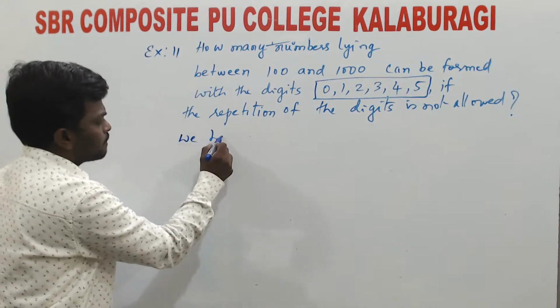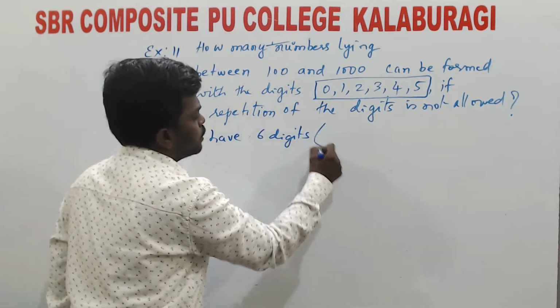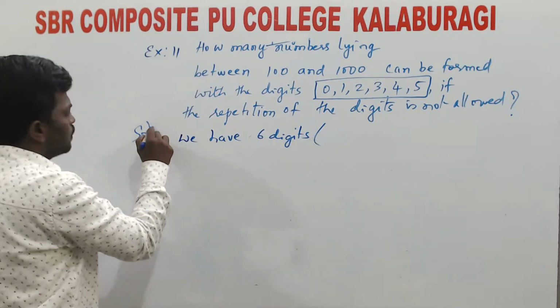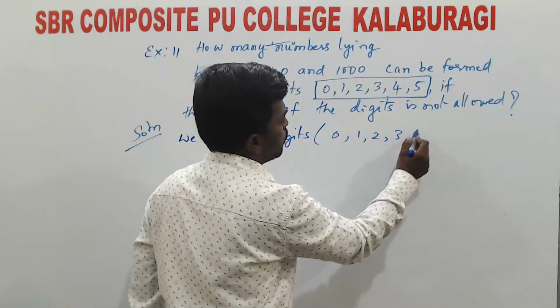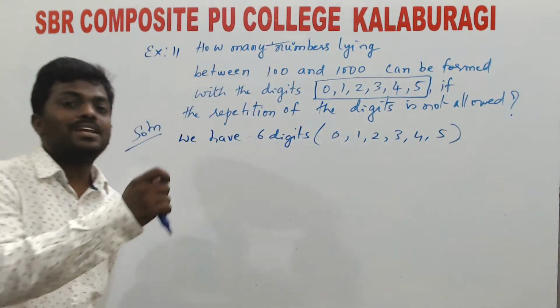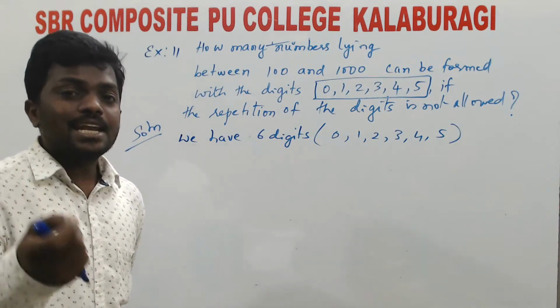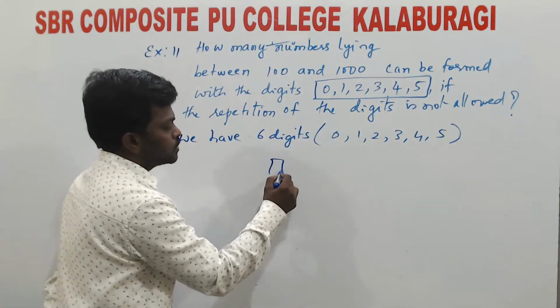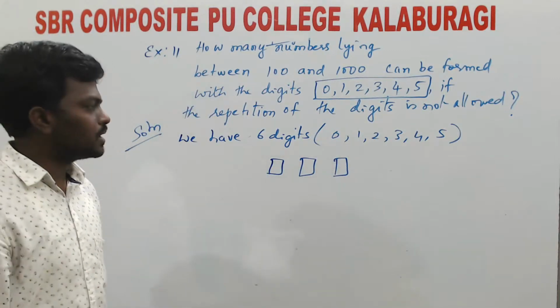So now we have to form a 3-digit number out of the given digits. We have 6 digits, right? What are those? 0, 1, 2, 3, 4, 5. Between 100 and 1000, how many digit numbers are there? 3-digit numbers. So 3-digit numbers means 3 boxes, fundamental principle of counting.